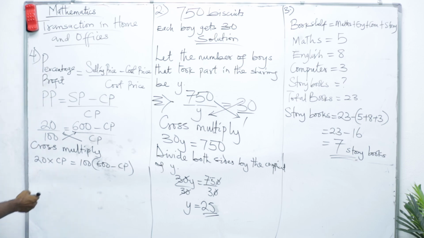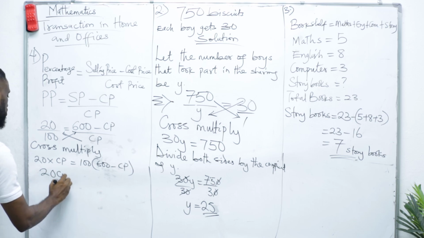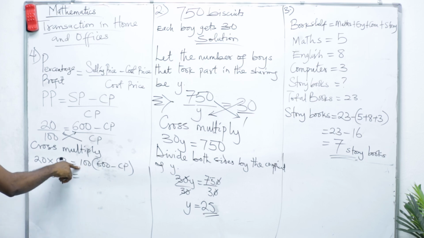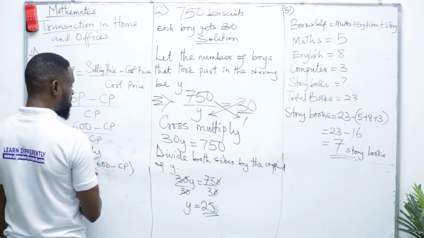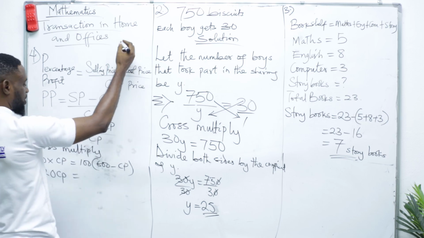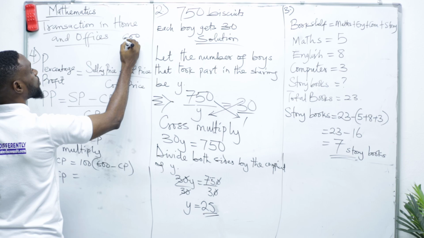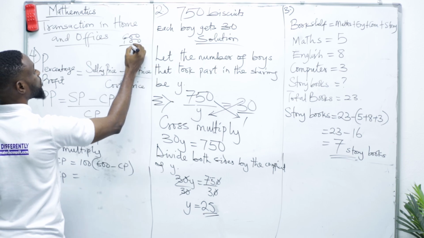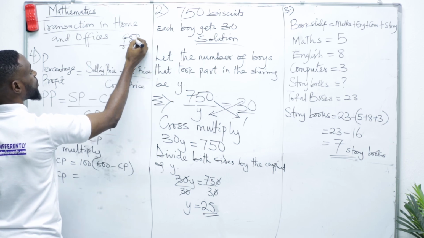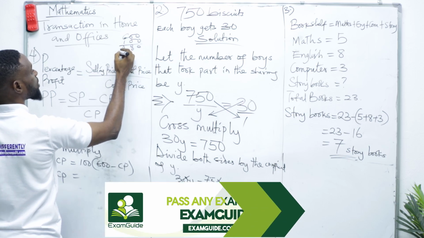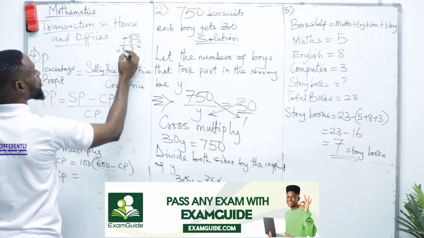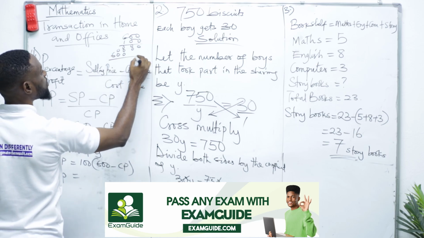So if we have done that, this will be 20 cost price is equal to 100 times 600, which is 6,000, or rather 60,000.